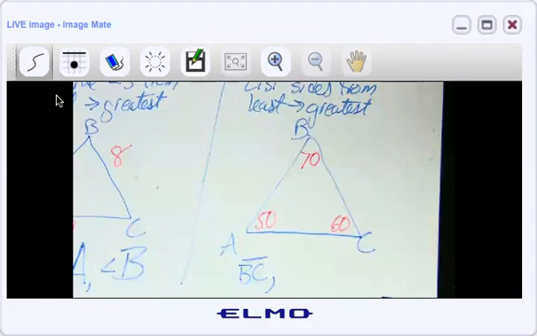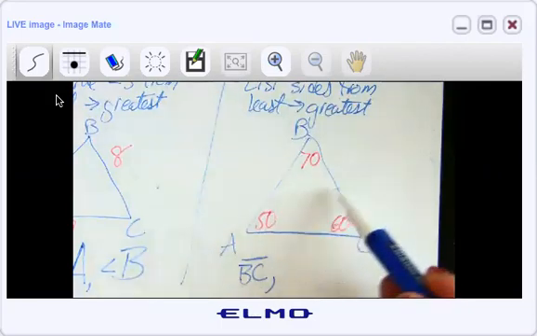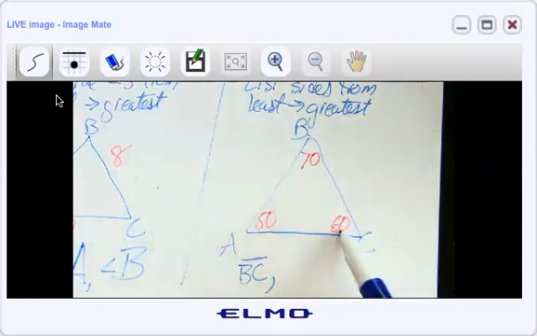AC, you say, and nope. So 50 is our smallest angle, so BC was our smallest side. The next smallest angle is 60, isn't it? So we want the side that's across from 60.